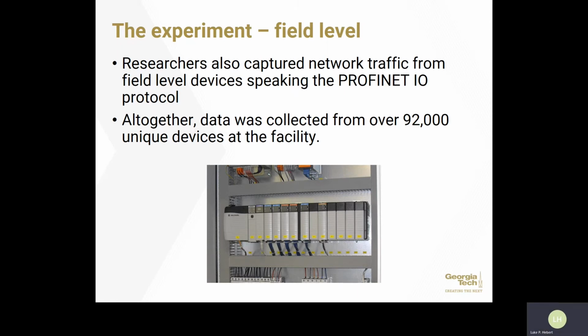The devices at this level were communicating via Profinet IO, which is not an IP-based protocol in operation. Altogether, the researchers collected data from 92,700 field and control devices, which is a staggering number that gives some indication of the size and complexity of this ICS they used to conduct their research.